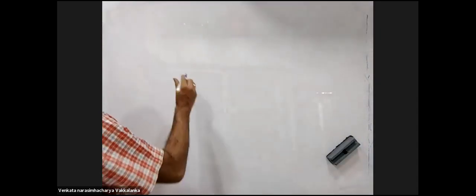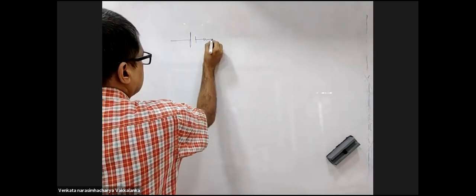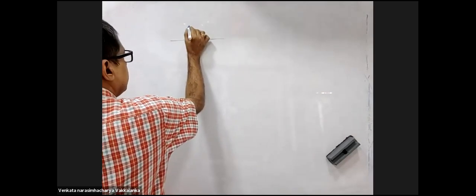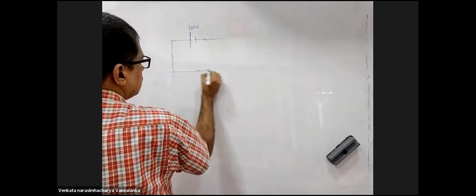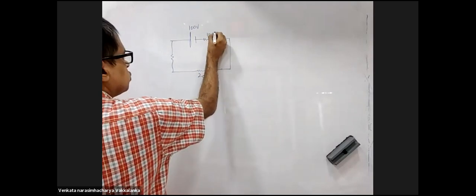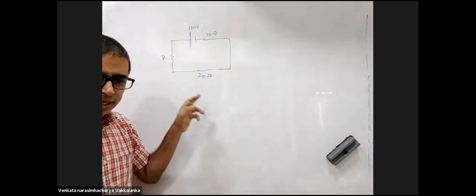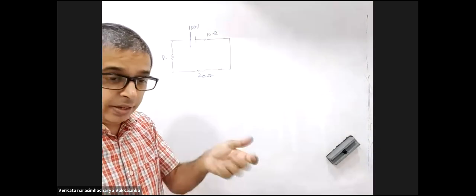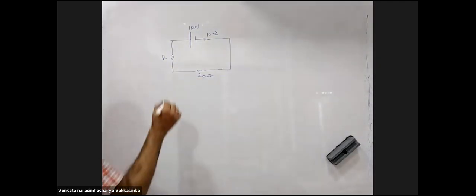One important point I want to make regarding the maximum power transfer theorem. This is, say, 100 volts, with 20 ohms and 10 ohms. Now, I was giving you this particular example that day, but I went wrong with the values. But the bottom line of what I want to explain is this.